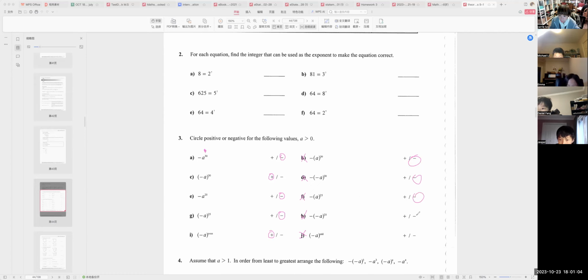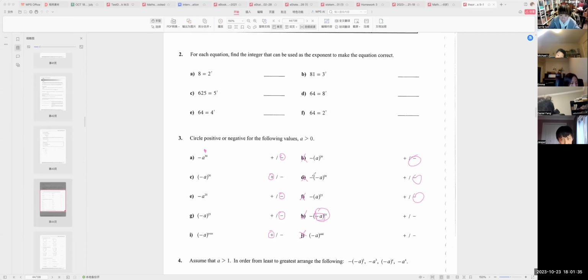Number H, Jasper. Negative. Let's see. So negative 8 is a negative or positive? Jasper, can you hear me? Yep. Negative 8 is a positive or negative number? Negative. Okay, so a negative number to the power 25 is negative or positive?